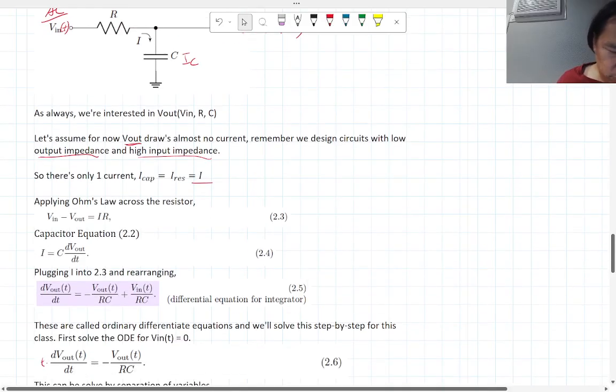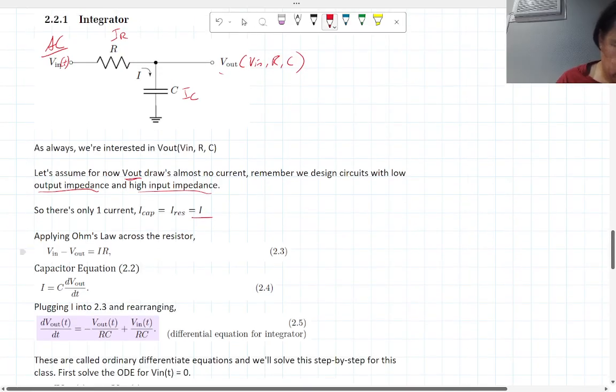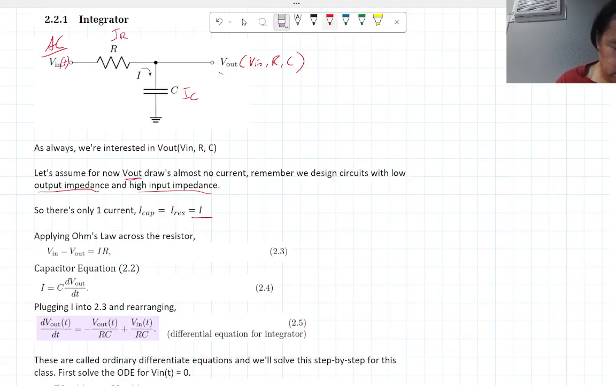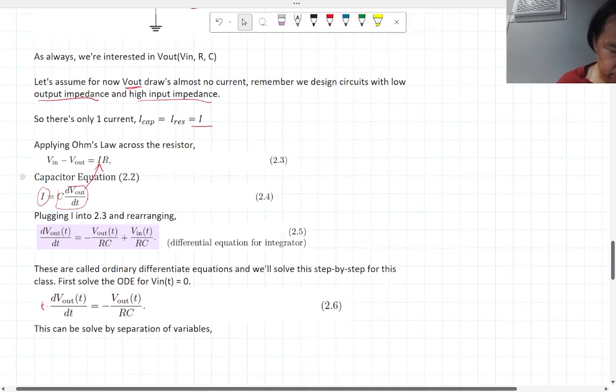If we apply Ohm's law, going from V in to V out, we're going to have a voltage drop, and that voltage drop is the current times the resistor value. And we can use the capacitor equation, which we derived previously, and insert this current into it.